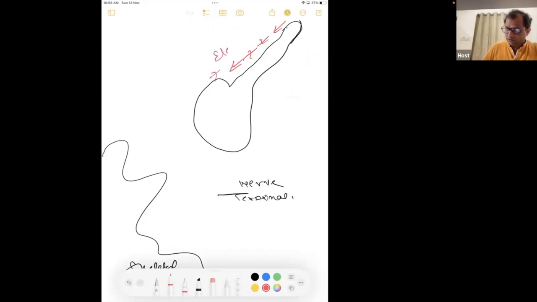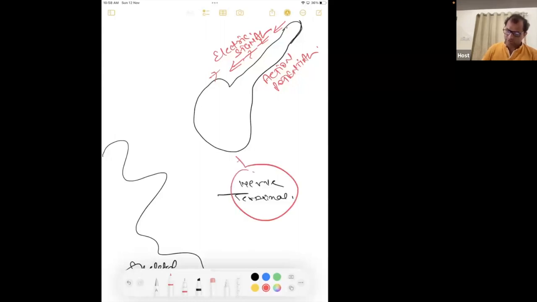This is the electric current or action potential. The electric signal or action potential is coming. As soon as it reaches the nerve endings, the nerve terminal, this is the part we can see.